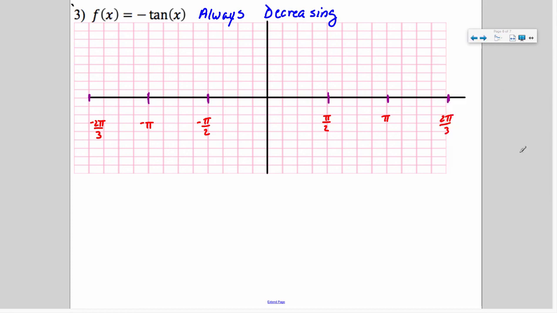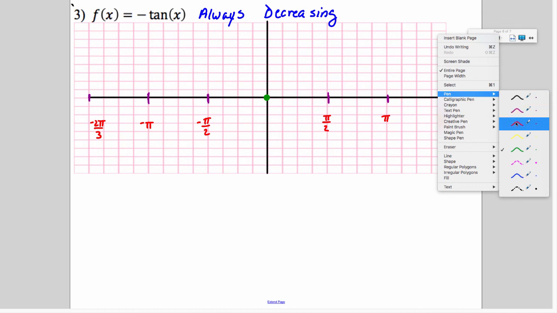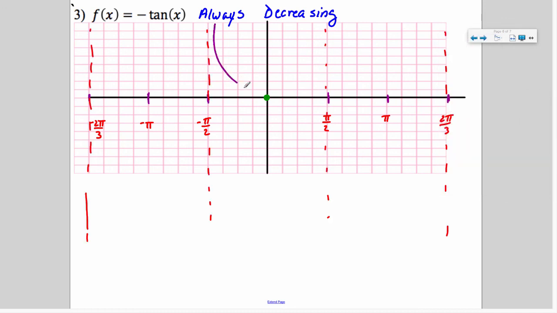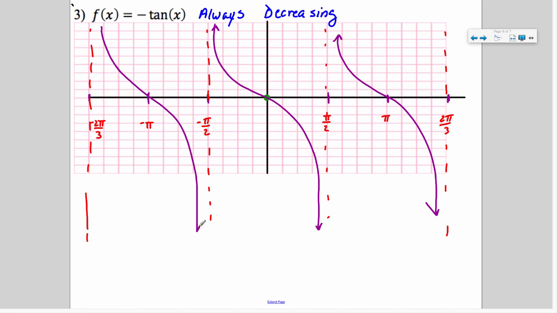Green. Still have the same origin. Still have the same asymptotes. It just reverses. Sweet. Woohoo! Okay, that's the negative.